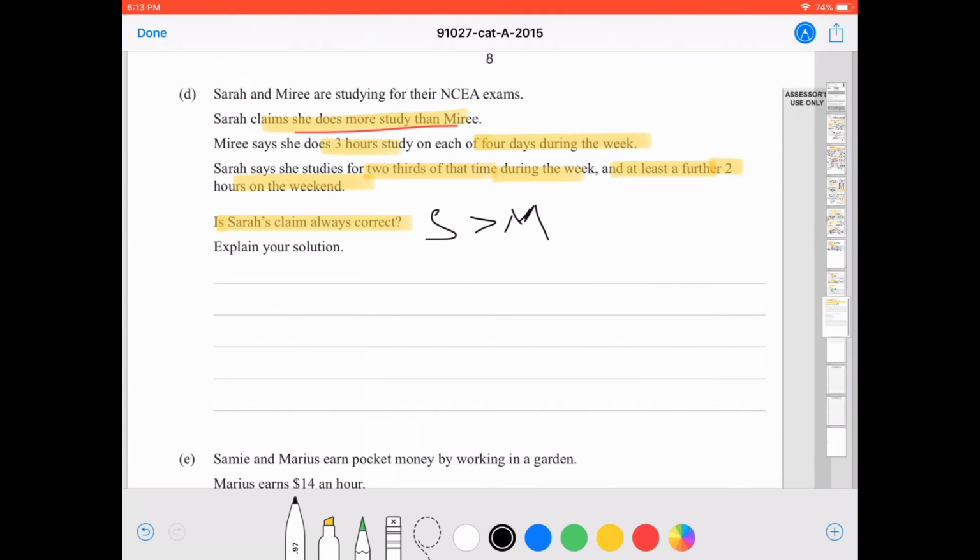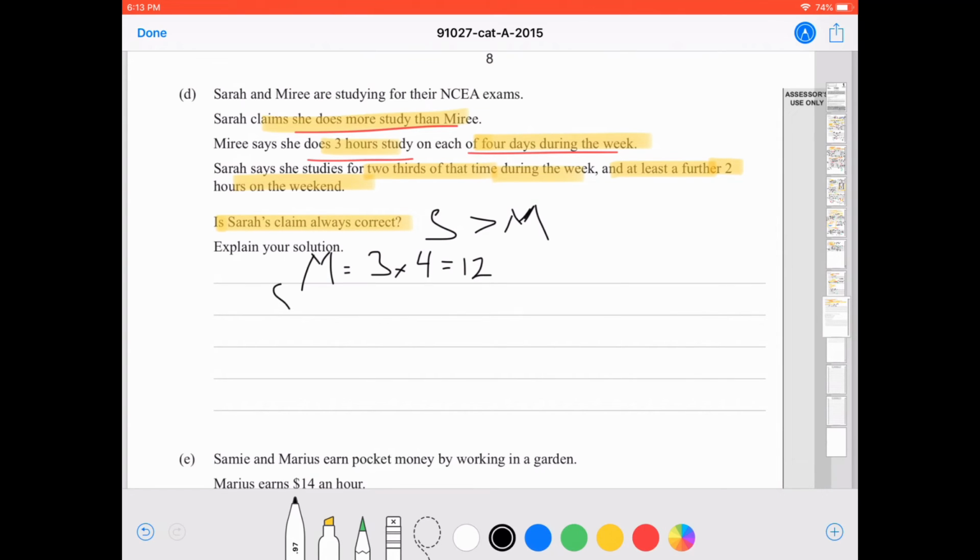Okay. So we need to work through this information here. If Marie says she does 3 hours study on each of the 4 days during the week, so M equals 3 hours of study times 4 days, and so Marie does 12 hours of study.